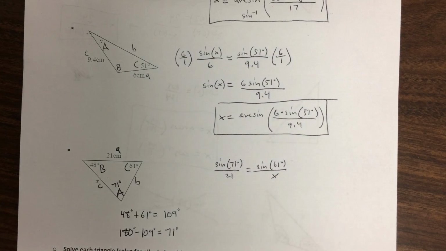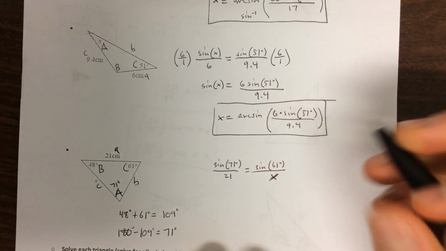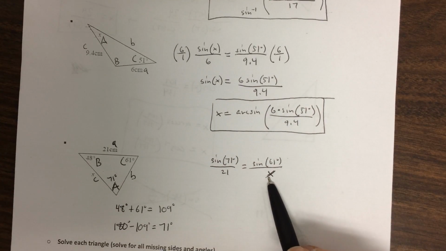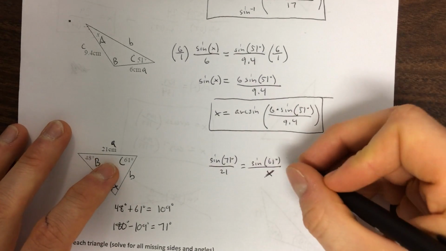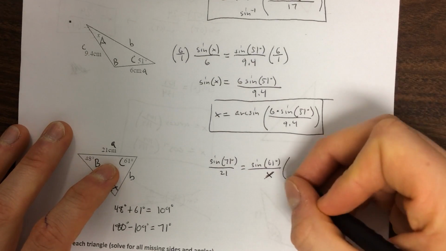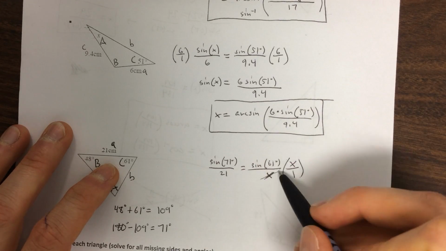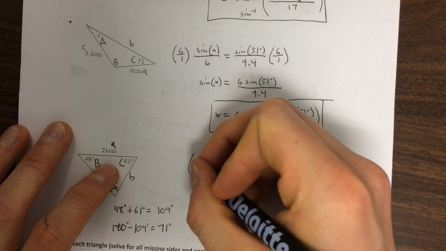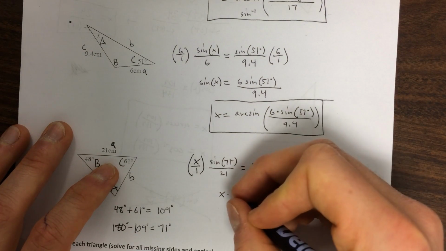Now I'm going to get you started in the right direction, and then I'm going to give you the solution. What we talked about in class is that x is in your denominator. We would like to get it out of the denominator, to get it isolated and alone. A great strategy would be multiplying by x. If I multiply this side by x, it gets it out of the denominator and it goes away. If I multiply by x on this side, then it's in our numerator, which is what we want.